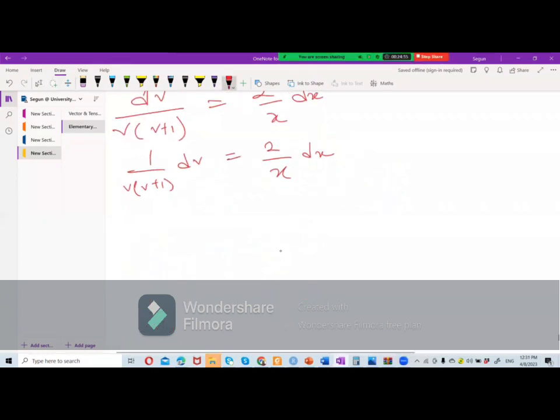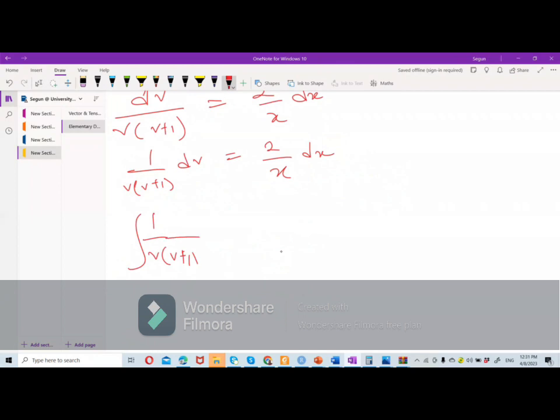So in this side, we need to integrate both sides: integral of 1 over v into v plus 1 dv equals integral of 2 over x dx.